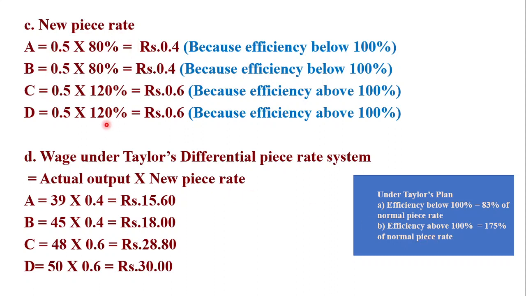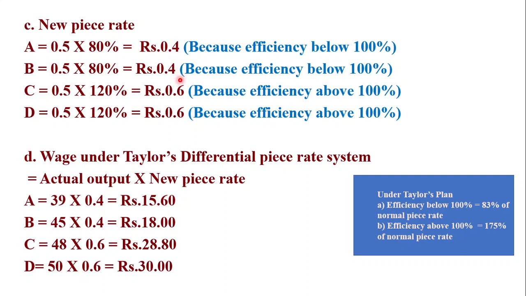After calculating the new piece rate, next we have to go for the calculation of wages under Taylor's differential piece rate system. The formula is actual output into new piece rate. Actual output that is given in the problem for A, B, C, D is 39, 45, 48, 50 respectively, into new piece rate.